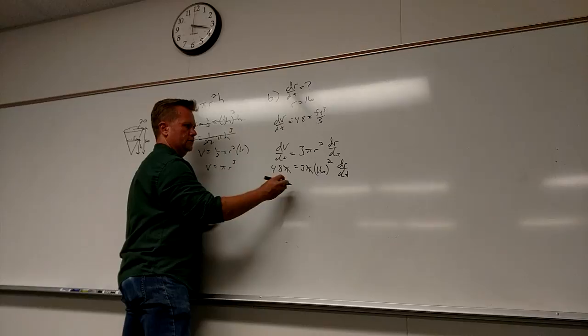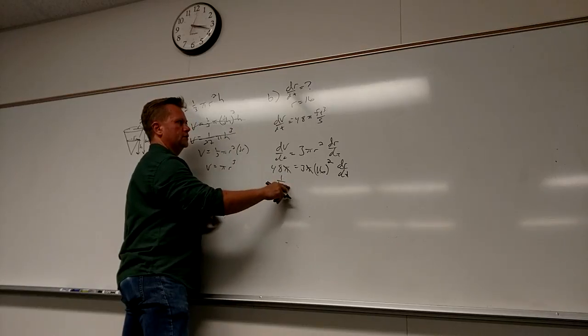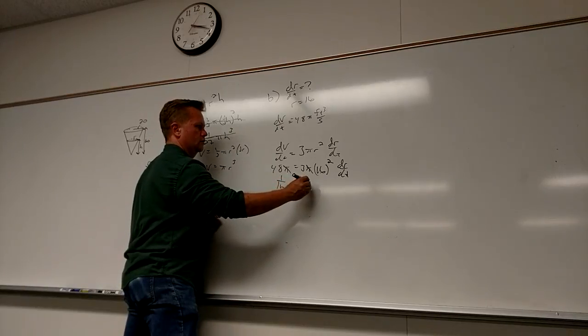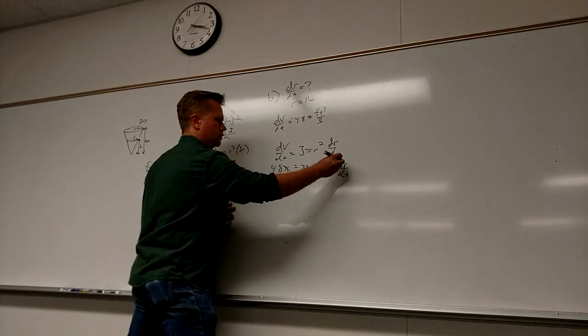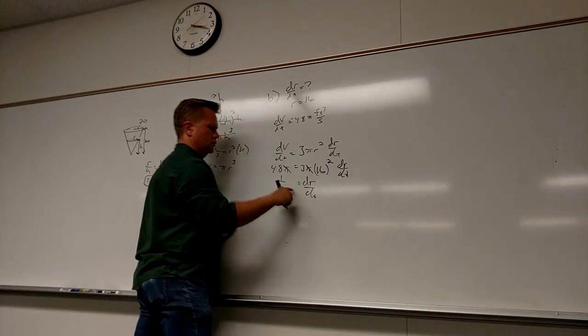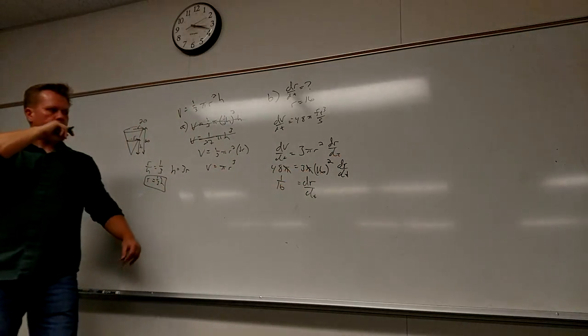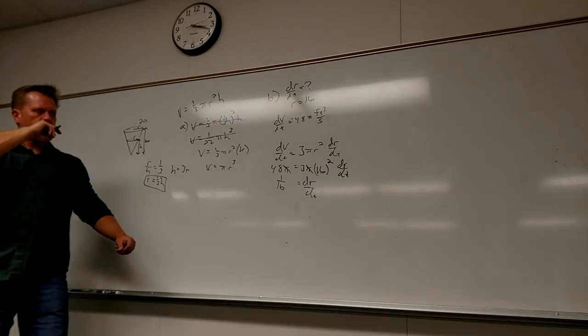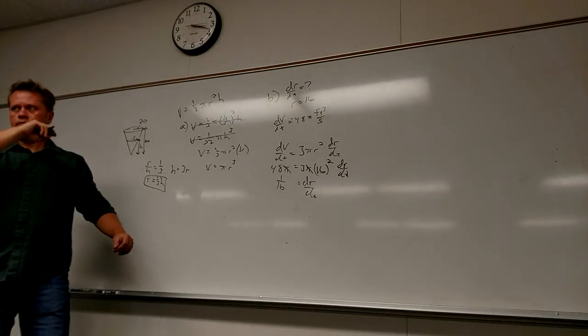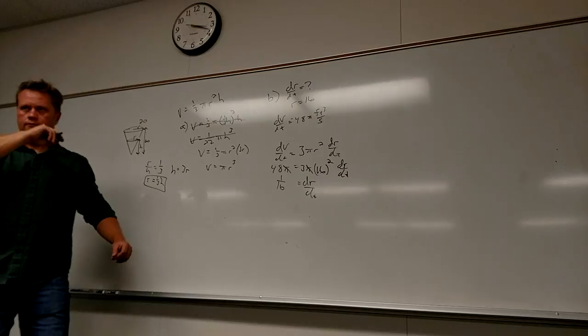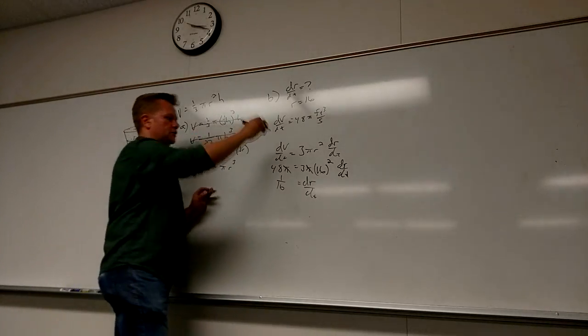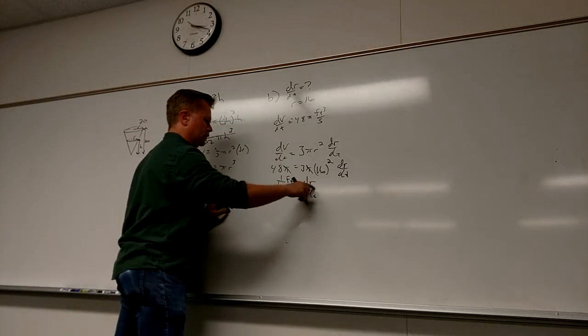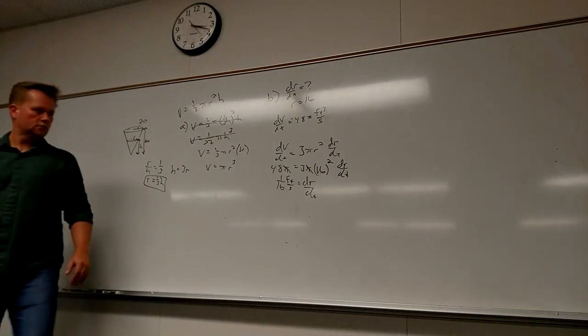So you get 1/16. What is dr dt? I can't even write today. What's the units? Feet per second, because in this case I'm talking about radius, which is a linear measurement, right?